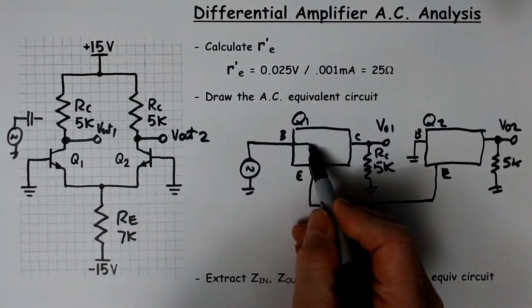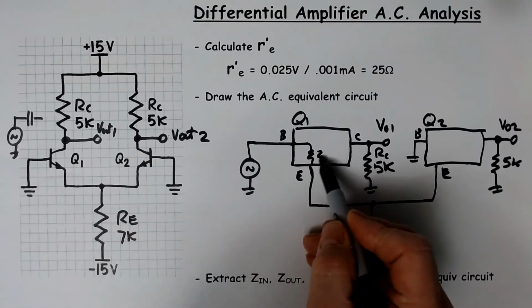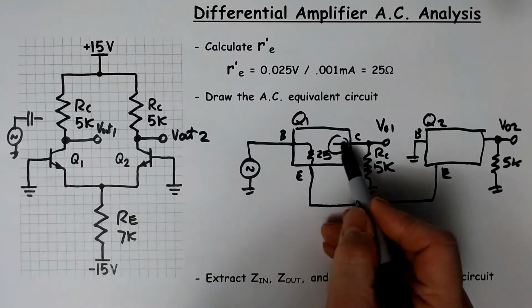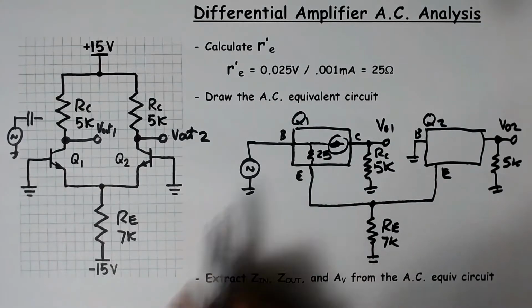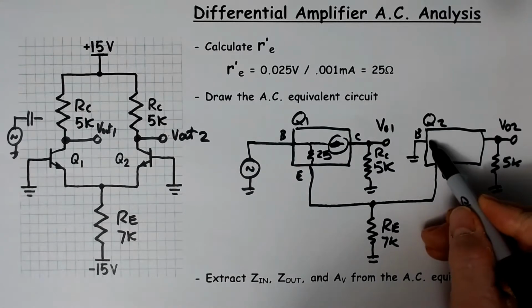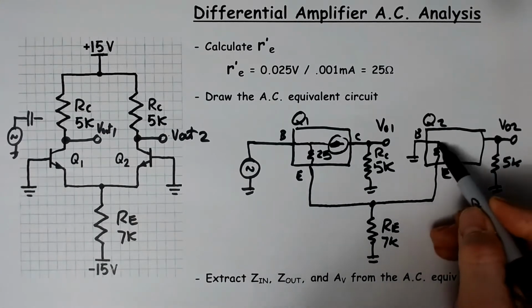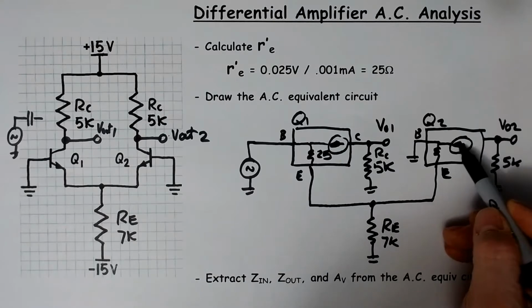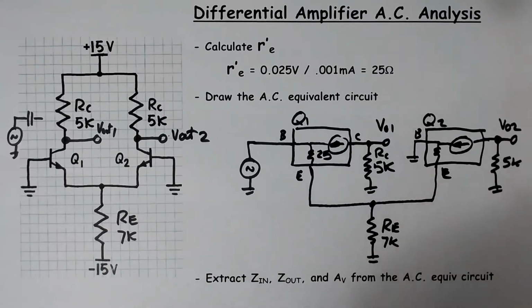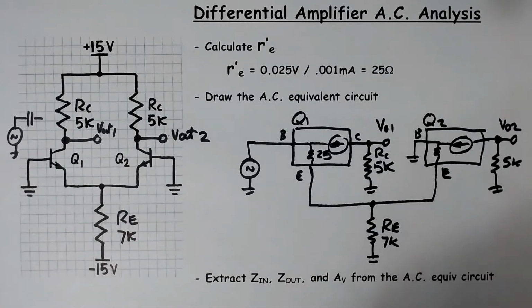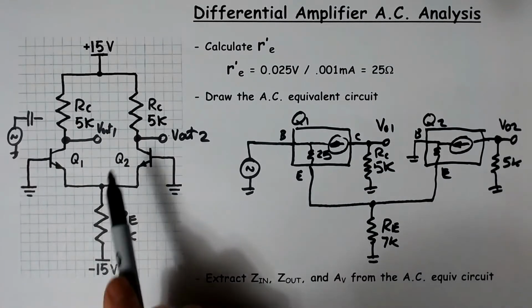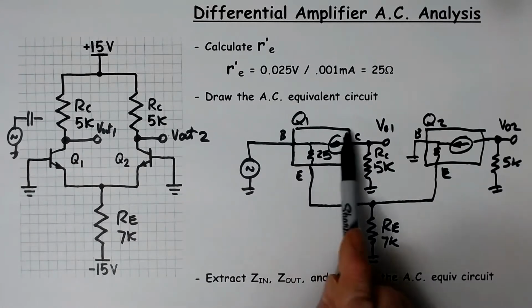All we have to do now is put in our appropriate model that we want to use to analyze this, and we're going to put in the T model. So there's R prime E, that's 25 ohms. And there's our current source. So piece by piece, you basically transfer this over to the AC equivalent circuit, but in this particular one, there's two transistors.